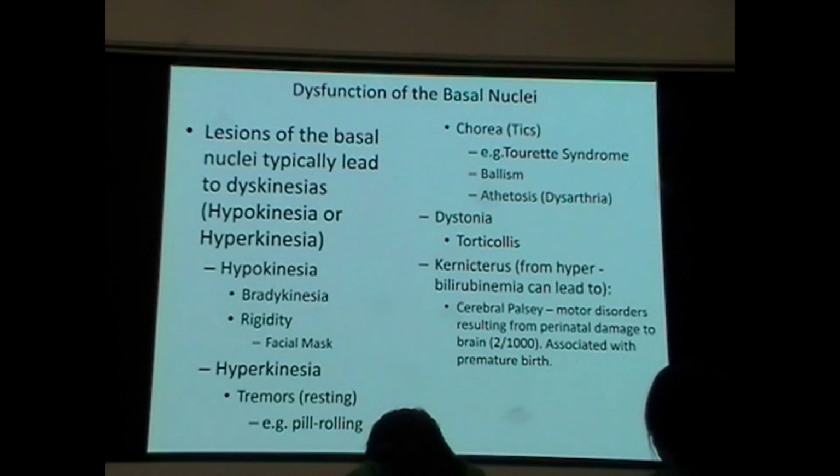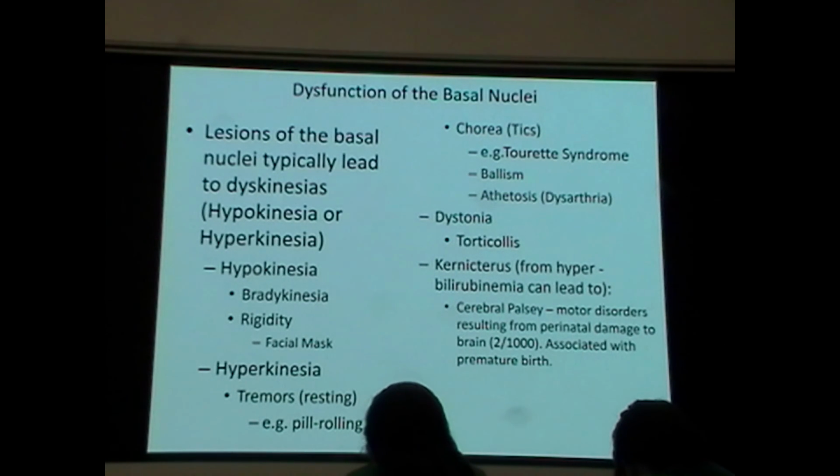About 2 in 1,000 patients have cerebral palsy because of premature birth, and that's caused by kernicterus. If you have excessive bile, like in hepatitis, you will have yellow sclera, yellow skin. That's what kernicterus means, which is hyperbilirubinemia.